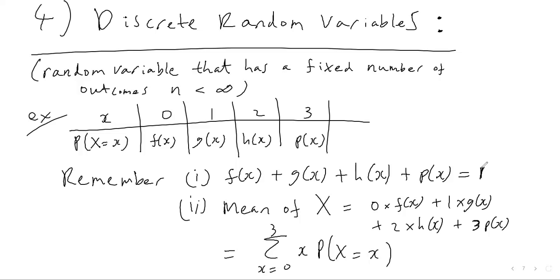Now, this second thing that I've written down here, you actually don't need to know, but I think it's useful to know in case something a bit tricky comes up. Just be aware that the mean of a discrete random variable is this times that, plus this times that, plus this times that, and then plus this times that.